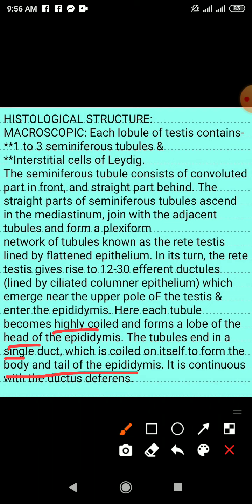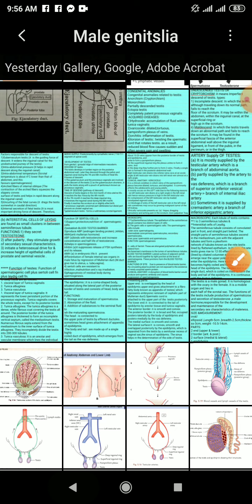When this duct exits the epididymis, it continues as the ductus deferens or vas deferens. Let's say it so it will be clear.